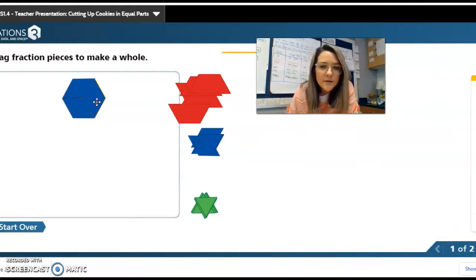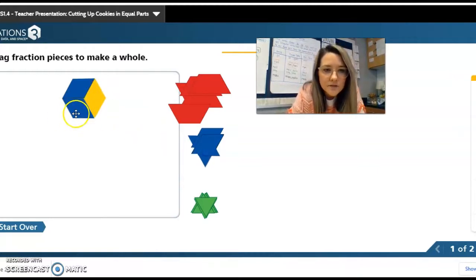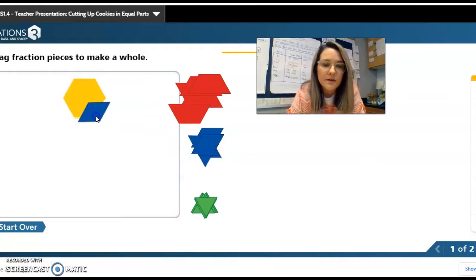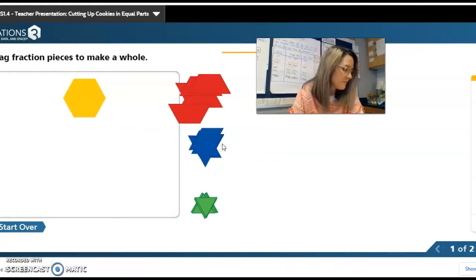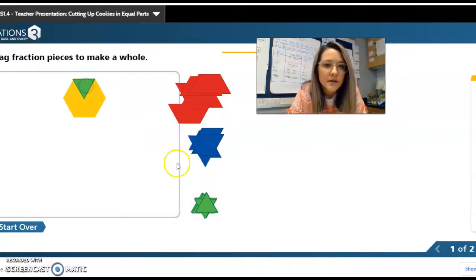Okay, all right, what about the triangles? How many green triangles do you think we will need to cover the whole hexagon? Okay, so let's try here. There's 1. No, it just wants to turn. 2. And again, technology is a wonderful thing, but it still may show the gaps that aren't actually there. 3. So at this point, how many green triangles do you think we'll need?